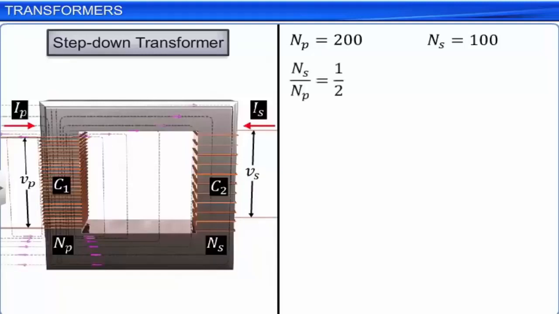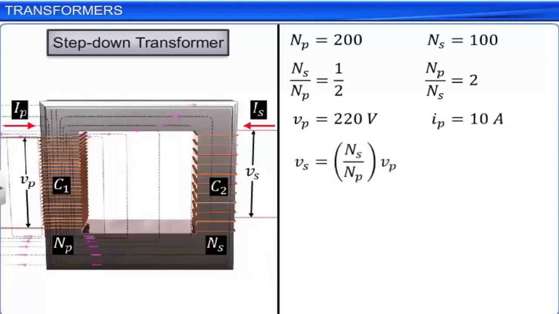Thus, a 220 volt input voltage Vp at input current Ip of 10 ampere gives an output voltage Vs of 110 volt. That is, a step down to 110 volt output at a current Is equal to 20 ampere.